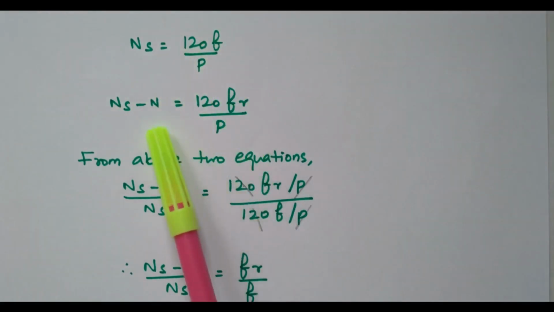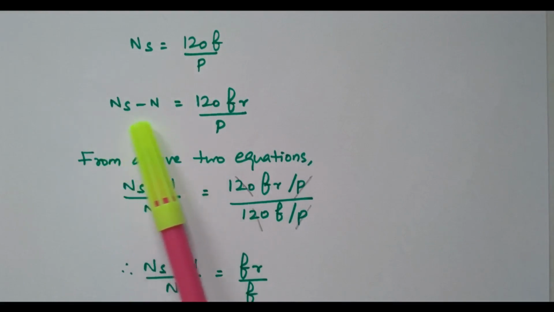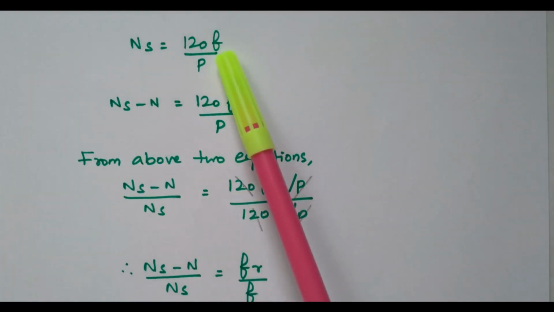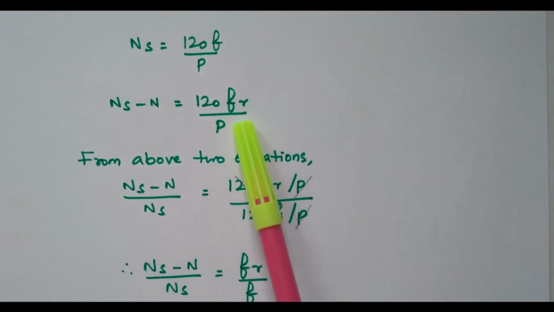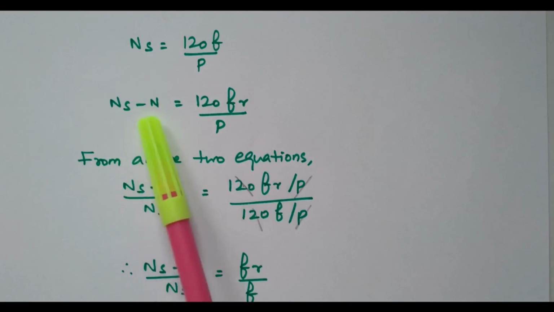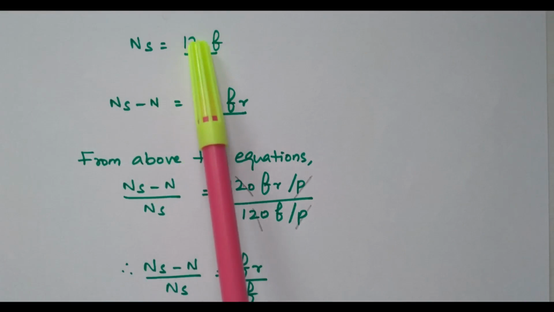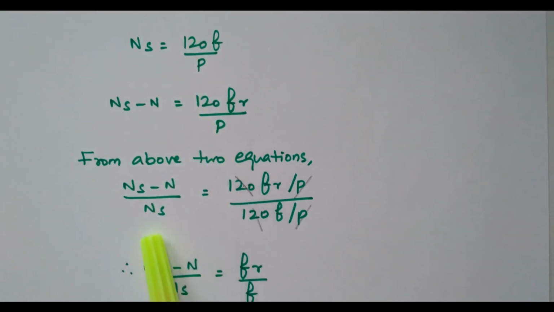Then ns minus n, the difference between the synchronous speed and rotor speed, equals 120 Fr by p, where f is the supply frequency and Fr is the rotor current frequency. Taking this as equation 1 and equation 2, we go for equation 2 divided by equation 1. The 120 cancels and the p also cancels.